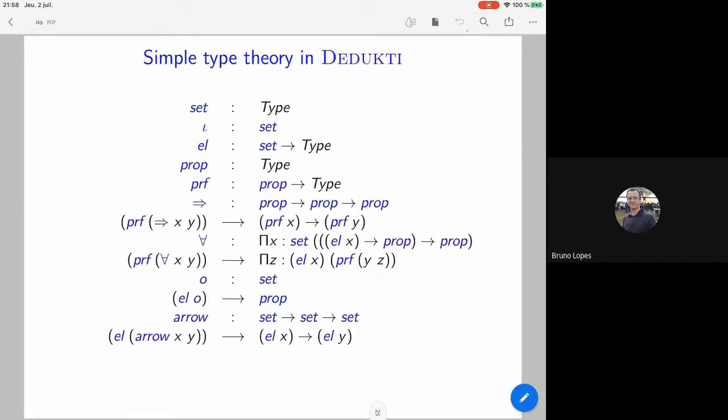Basically, in the 4 last lines you define a type omicron for propositional contents and arrow type to build the functional types that you have in simple type theory and higher order logic, while you don't have them in predicate logic. And you see that the case of the calculus of constructions is almost the same thing as simple type theory with very few differences.